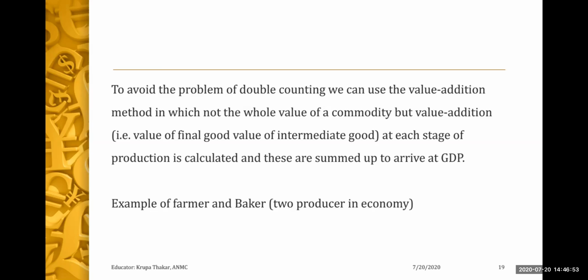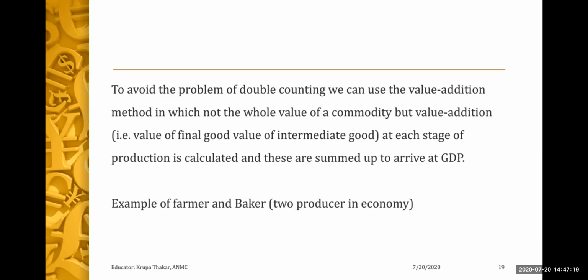So what is the value of total production in the economy? If we follow the simple aggregate of the value of production, that would count for 300. That is 100 by the farmer, and 200 by the baker. But here the 50 rupees which the farmer contributed, we are not going to count, because it was already counted.